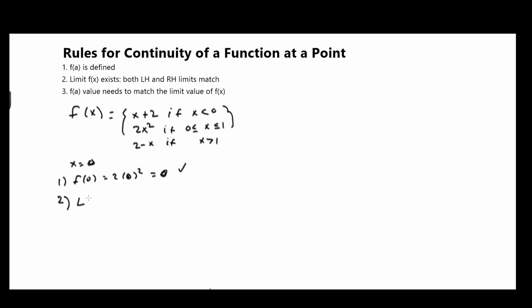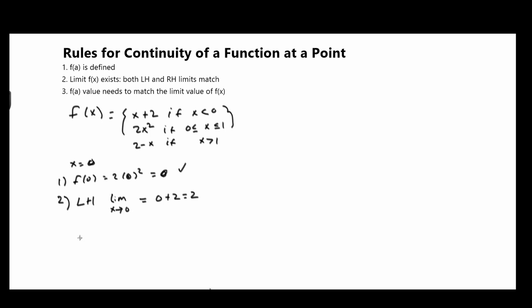Now going to rule 2, start with our left-hand limit. This value is less than 0, so this is the function we're going to be using for our left-hand limit. That is equal to 2.